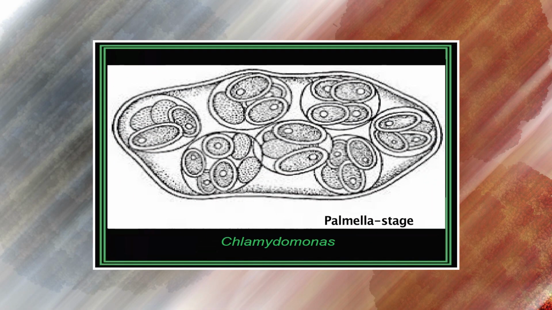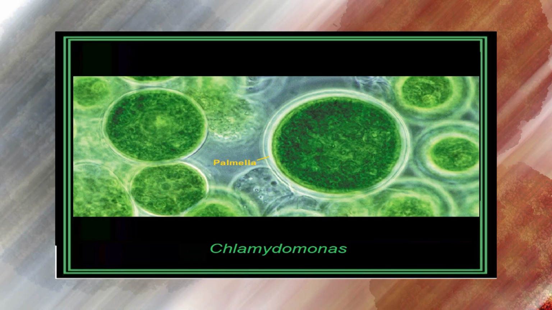The daughter protoplasts develop a gelatinous wall around them, but do not develop flagella. They are called palmella spores. They divide and redivide to produce an amorphous colony with an indefinite number of spores. This mass of palmella spores enclosed within a gelatinous sheath is called the palmella stage.